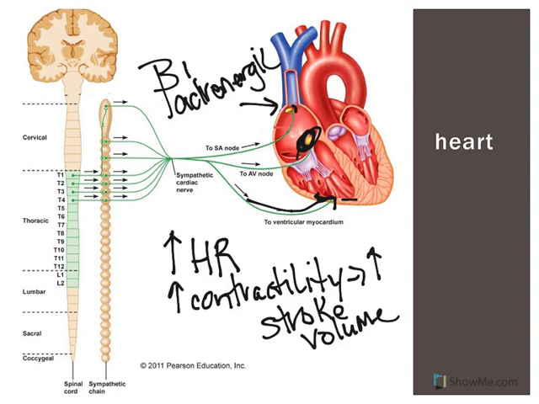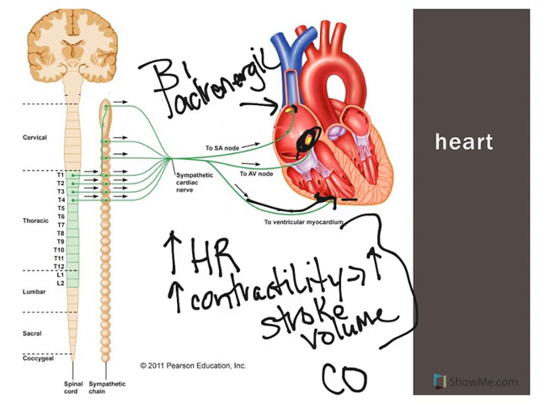So the beta-1 adrenergic receptor is excitatory. Overall, your cardiac output goes up when you're in sympathetic mode, which is important when you're running or doing any type of exercise or exertion. You want to make sure you get enough oxygen and nutrients to different tissues.